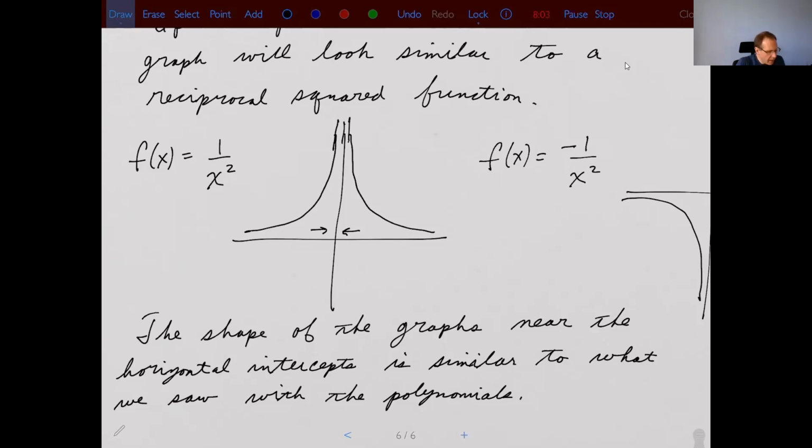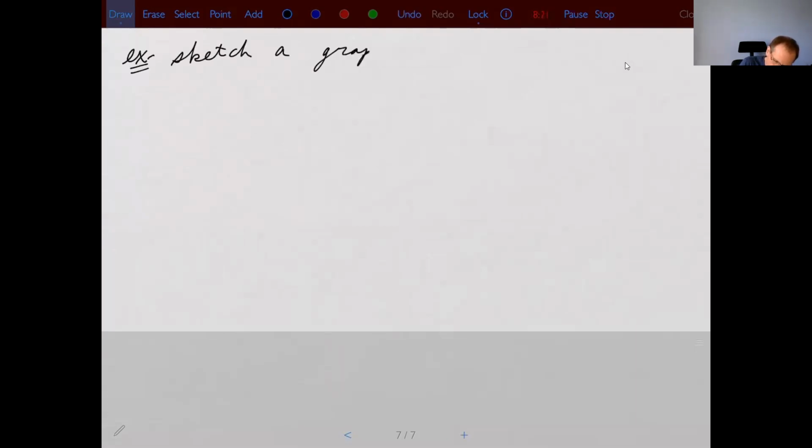Okay, so let's do an example. Let's see if we can sketch, let me put up a new page here. Let's say we want to sketch a graph, and then we'll check it later with Desmos, but sketch a graph of this rational function.